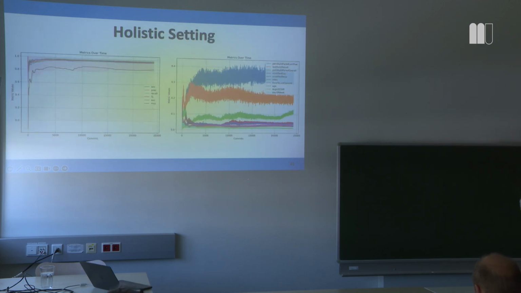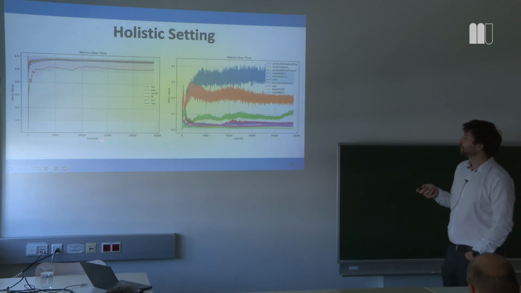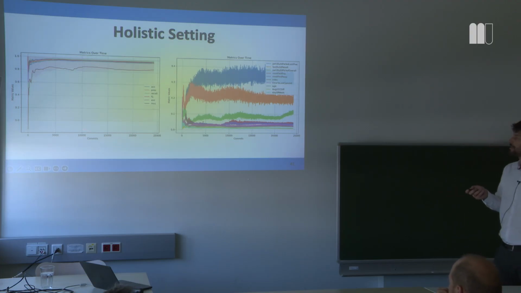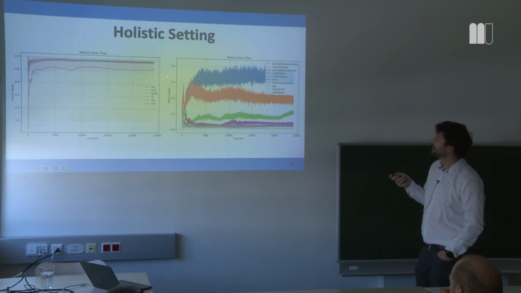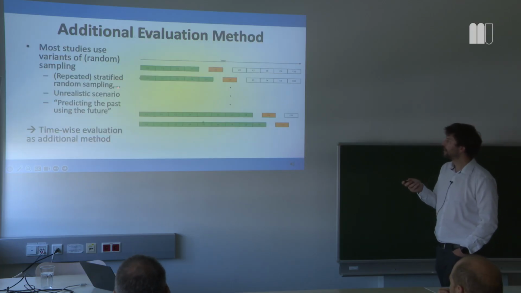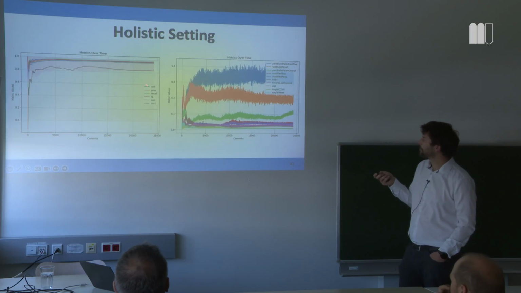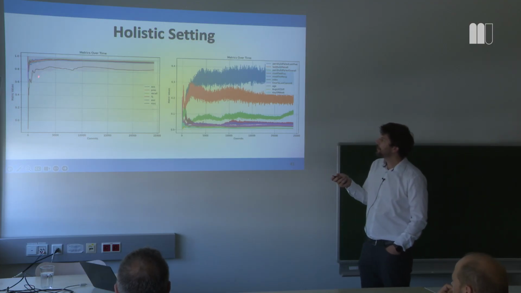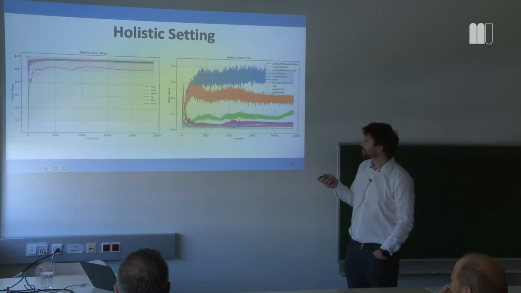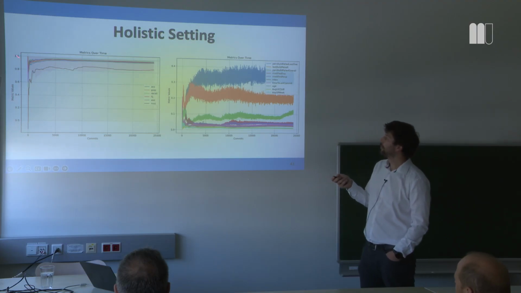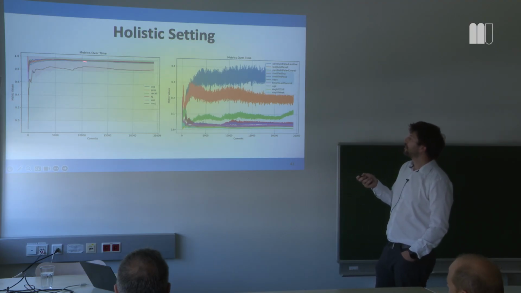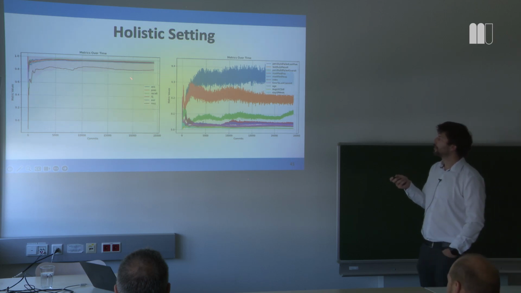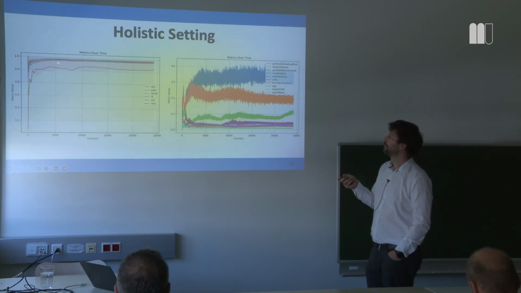Visualizing this leads to the plots that we see here. On the x-axis we have time in terms of commits, and on the y-axis the respective metrics. On the left we see the metrics over time, and we see that after some ramp-up phase, where the model is still struggling around and not really performing, after some time the model stabilizes for all the projects and performs quite well, even in terms of Matthews correlation coefficient.